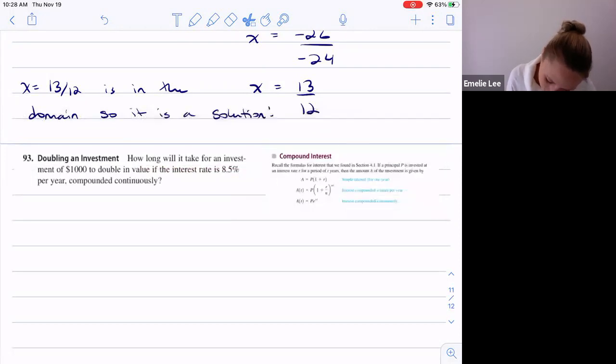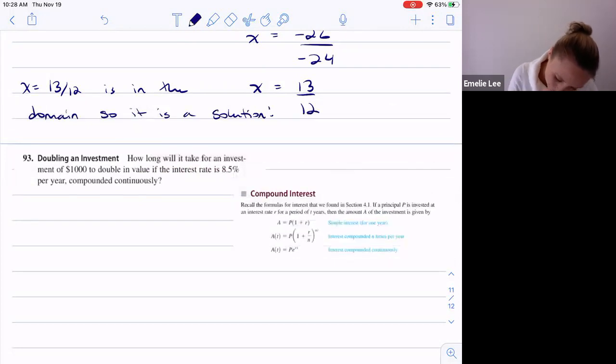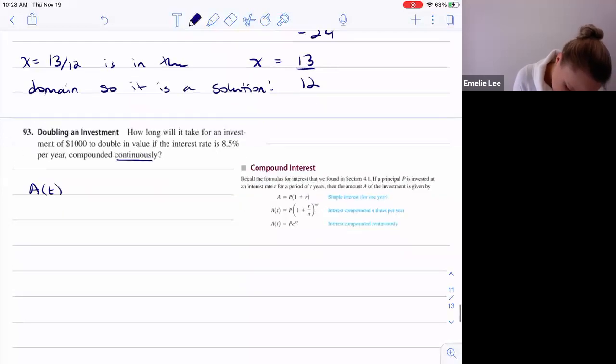If we're compounding continuously, A of t, which is the amount after time t in years, is p times e to the rt, where p is the principal.